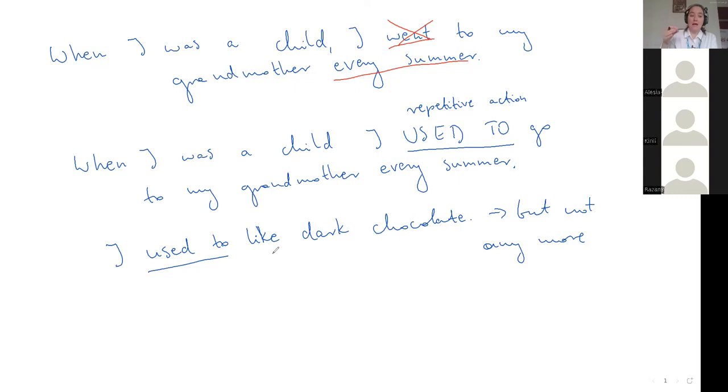Okay? And then when we talk about those general, like kind of the introduction line to something that used to be happening in the past, we use used to. Then when we go into specific, more detailed events, we would naturally use would. So we would say, for example, when I was a child, I used to go to my grandmother every summer. And then we would continue that with, for example, we would go to the forest every day.